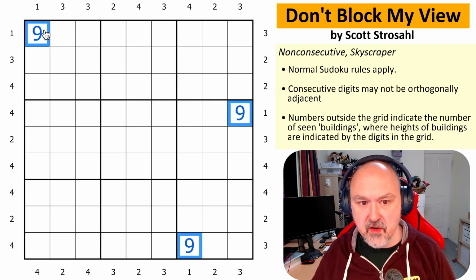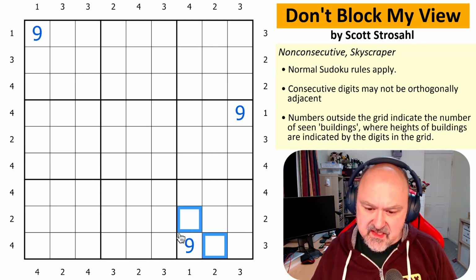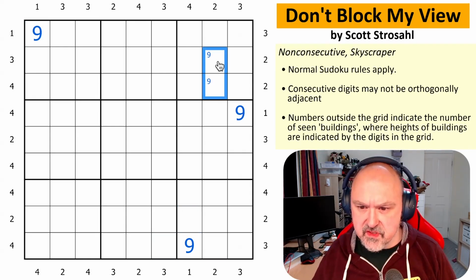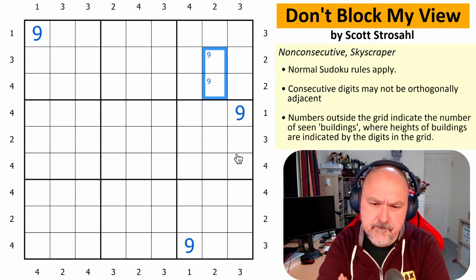So these must be 9s, otherwise the 1 clues aren't going to work. So that means that these can't be 8s, but can I do more with 9s? So 9 has to go in one of those two. How am I going to break into this puzzle?